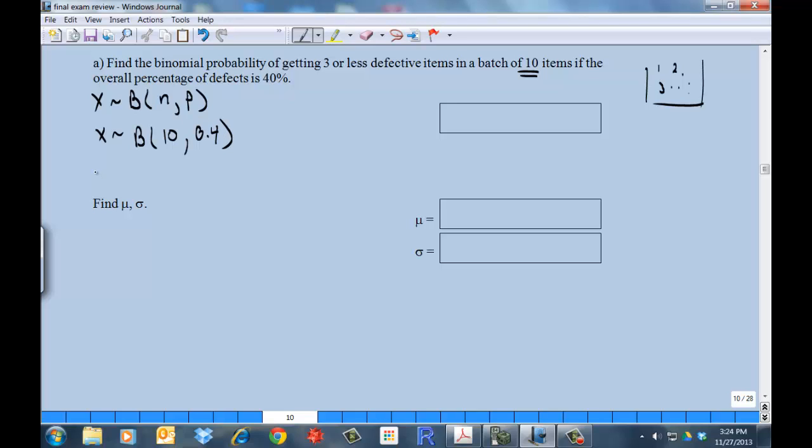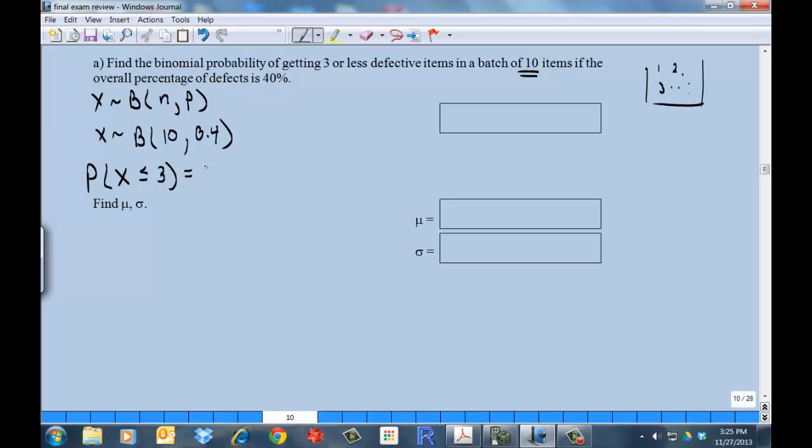And so what we want to find is the probability that the number of defective items x is less than or equal to 3.